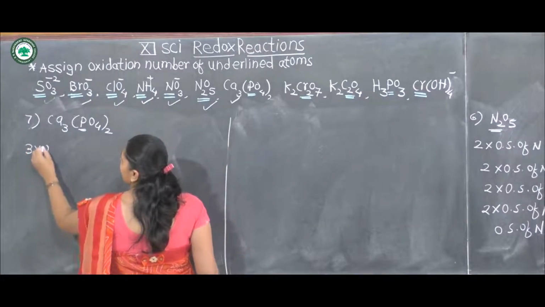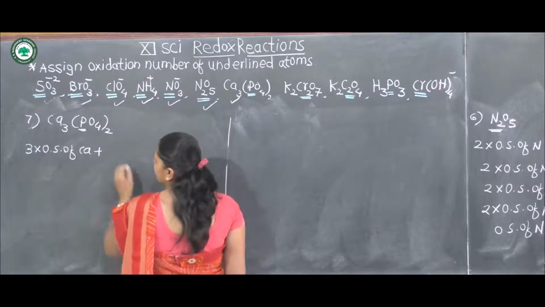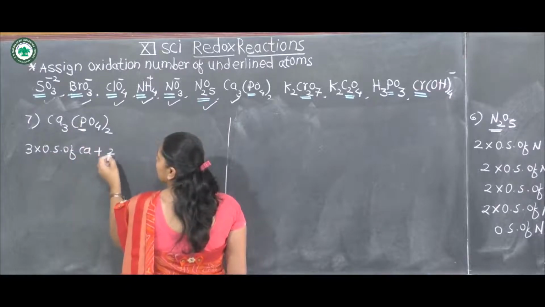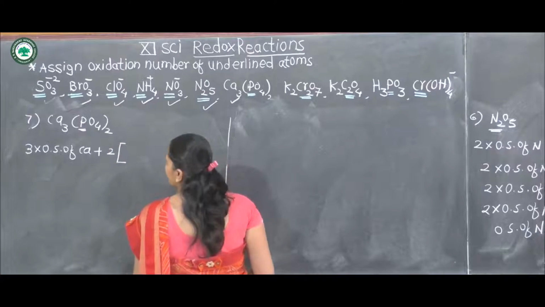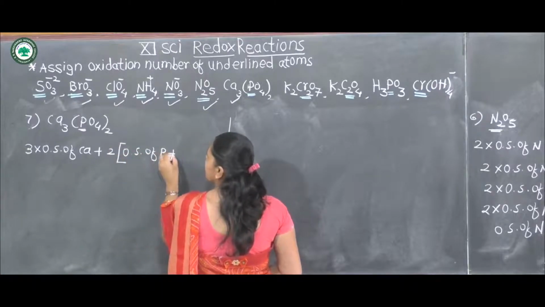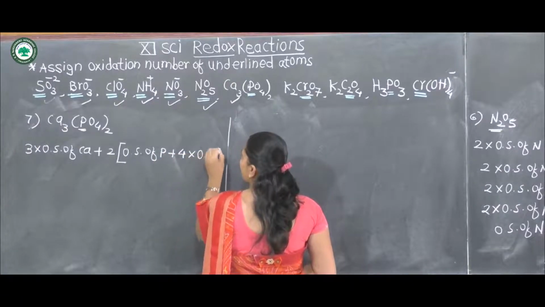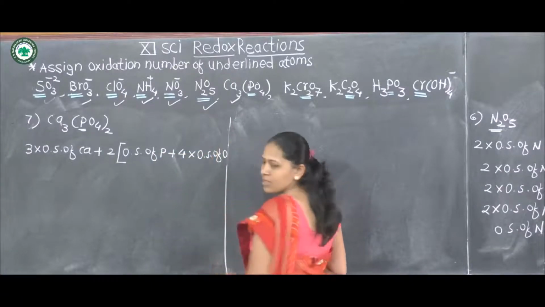3 multiplied by oxidation state of calcium plus 2 multiplied by oxidation state of phosphorus plus 4 multiplied by oxidation state of oxygen.